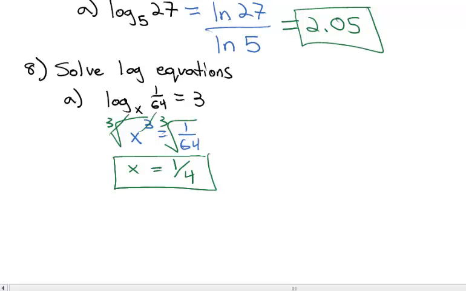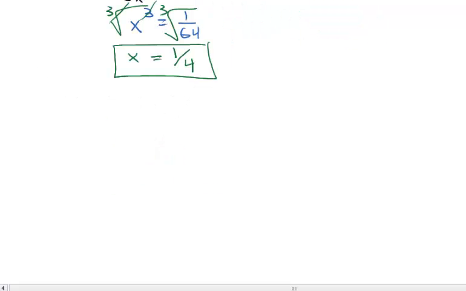How about this problem? Let's do the log base 9 of x equals 7/2. Again, we don't know what the x is, so let's change it to an exponent. 9 to the 7/2 equals x.